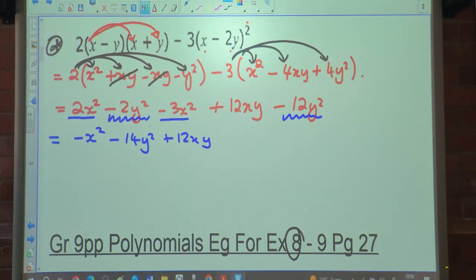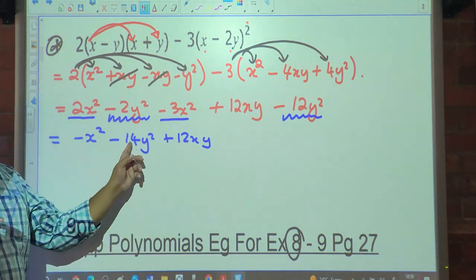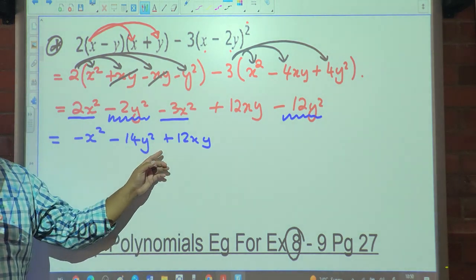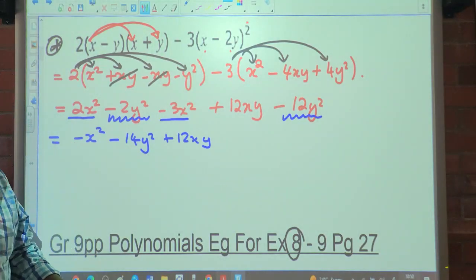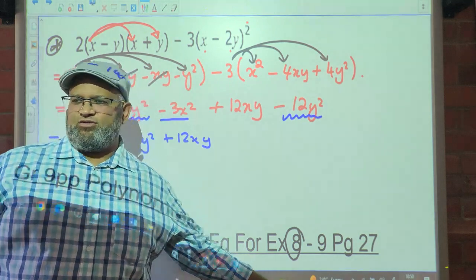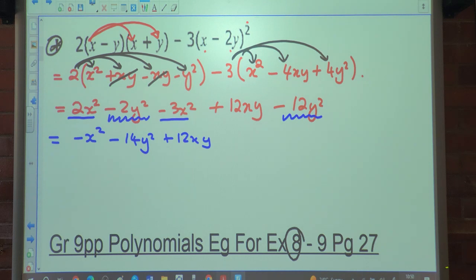It could also be written as negative x squared plus 12xy minus 14y squared. That is writing in descending powers of x. That's the conventional way of writing it, but if you write it like this, you won't lose anything. Okay. Is there any confusion? Simple, no?